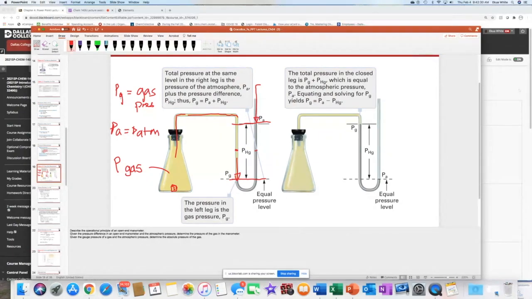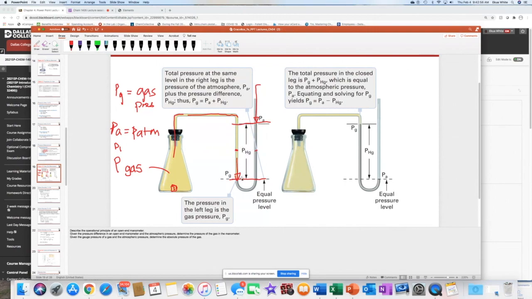But I will double check just to make sure that it doesn't really influence this. So we have pressure of atmosphere, pressure of gas, and then pressure due to height, right? I think I'm going over the picture here, so it's making a difference in what I can write. Okay, so you see it, right?